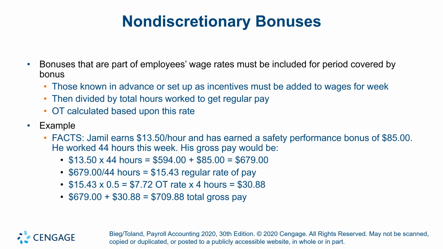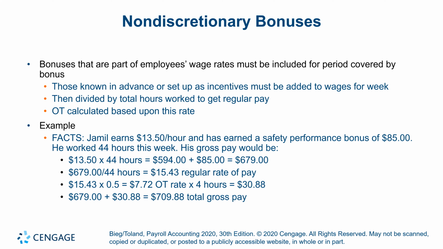He worked 44 hours this week. What would his gross pay be? If we take that $13.50 times 44 hours, that gives us $594 for the week. Then we're adding that $85 bonus, which gets us to $679, right? And so that's our regular pay.